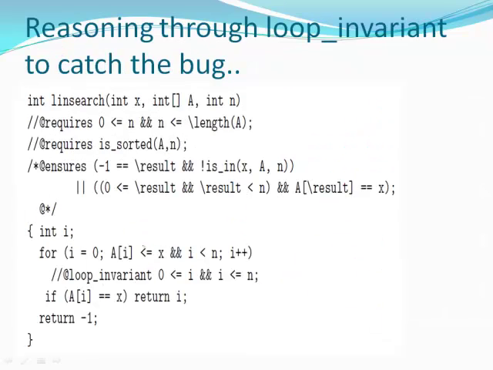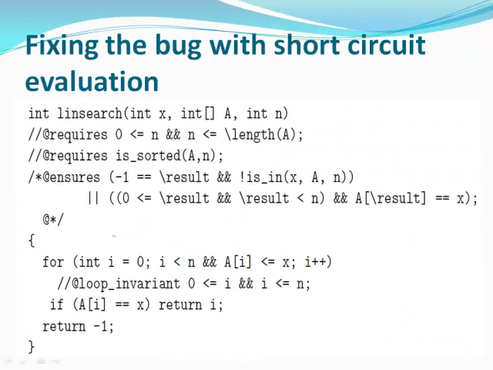So how do we fix it? Well, we can easily fix it by switching the two conditions. That's as easy as that. How does it work? This is called short circuit evaluation. Short circuit evaluation means that if you have a Boolean condition, a conjunction, and the first part is false, because if i is equal to n that would be false, then you don't even check the second condition.